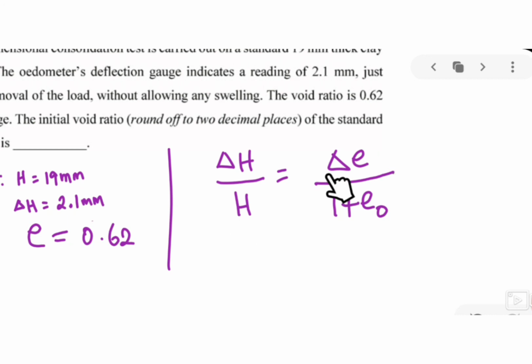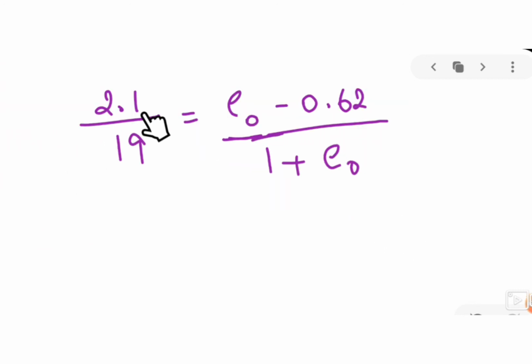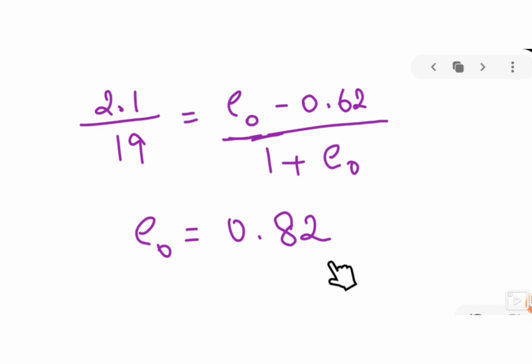Delta e is nothing but the initial void ratio minus the final stage void ratio, and below it is 1 plus e naught, that is the initial void ratio. After substituting delta H and (e naught minus final stage void ratio) by (1 plus e naught), you will get your e naught. So initially it was 0.82. After it is subjected to load application, it has reduced to 0.62.